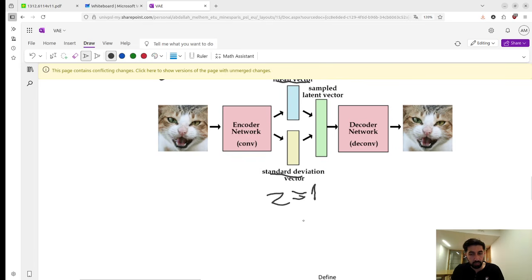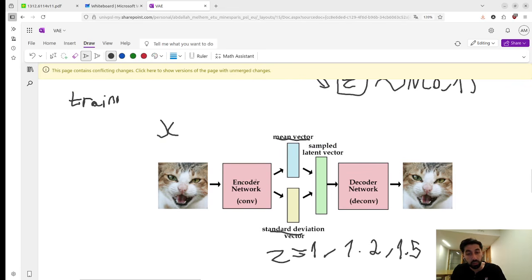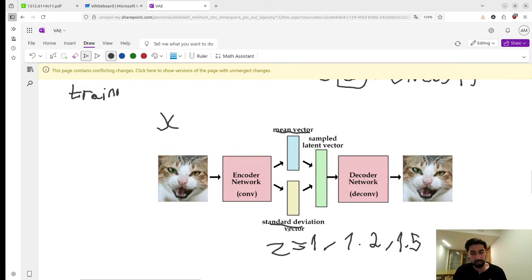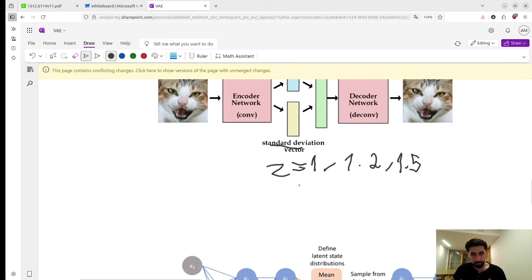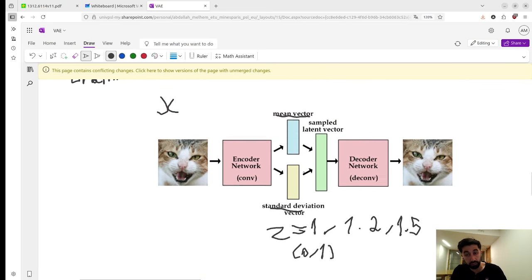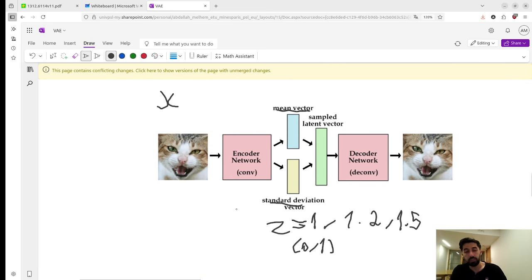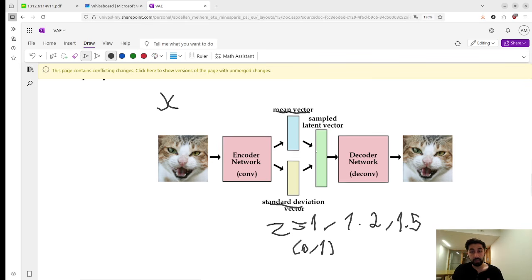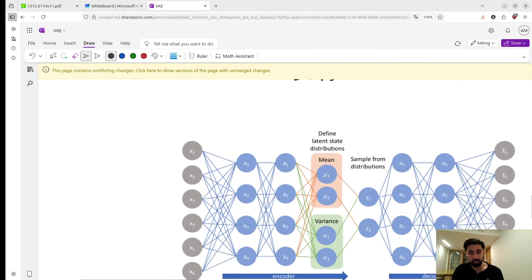The second time we'll get a z of 1.2. The third time we'll get a z of 1.5, even though the encoder network is outputting the same value every time. Let's say it's outputting a mean of 0 and a standard deviation of 1 every time, but z is different every time. And that's because we're following the reparameterization trick.